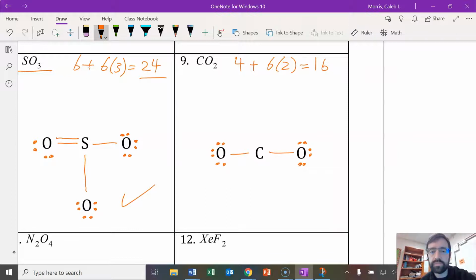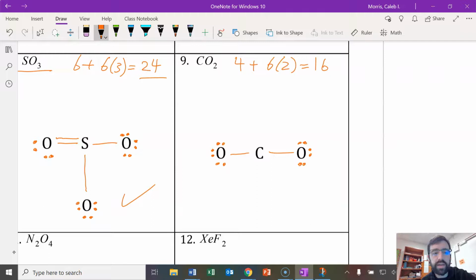So 2, 4, 6, 8, 10, 12, 14, 16. Is everyone happy? The outsiders are happy, which is what our first goal is. Do we have any leftovers? No, we don't have any leftovers. So that step can be skipped.